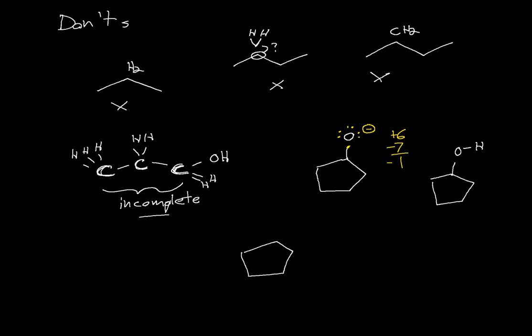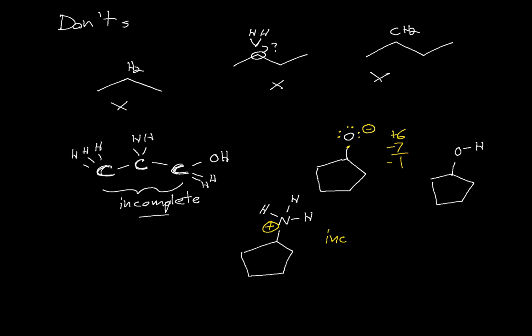One more example of something like this. Here's a ring. If I was to draw this like this, that again would be incorrect because that nitrogen has a plus charge. So without the plus charge, it's incorrect.